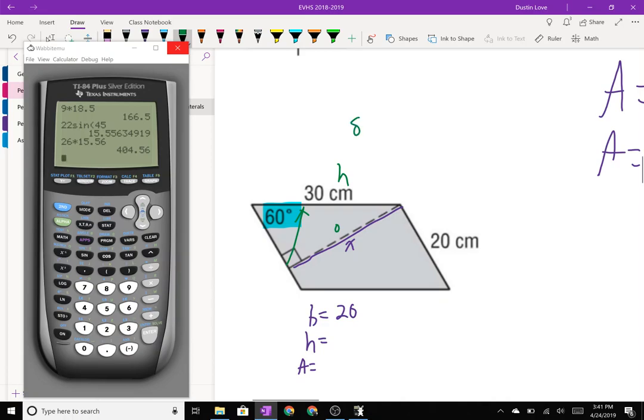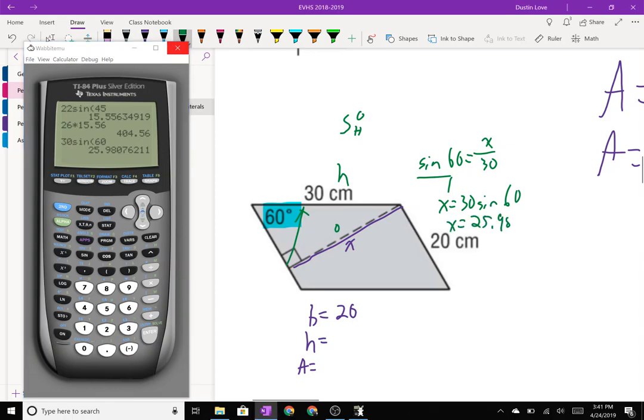We use sine, because sine is opposite over hypotenuse. Sine of 60 is equal to x over 30. So over 1, x equals 30 sine 60, which is 25.98.